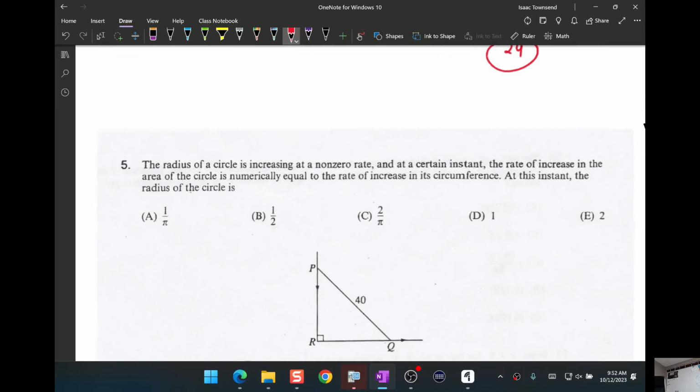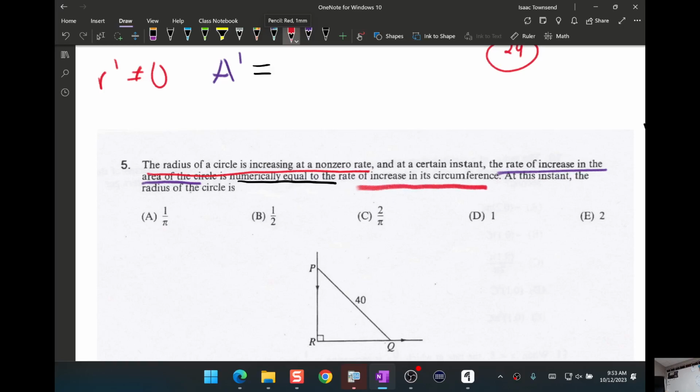Okay, it says the radius of a circle is increasing at a non-zero rate. So the rate of change is not 0. The rate of increase in the area of a circle, rate of change of area, is numerically equal to the rate of change of its circumference.